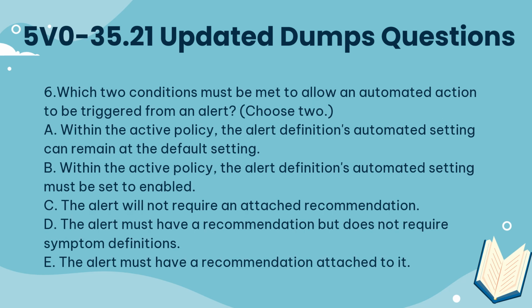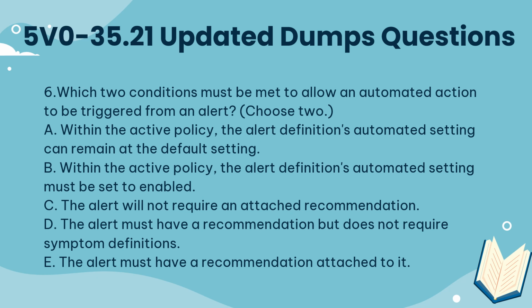6. Which 2 conditions must be met to allow an automated action to be triggered from an alert? Choose 2. A. Within the active policy, the alert definition's automated setting can remain at the default setting.